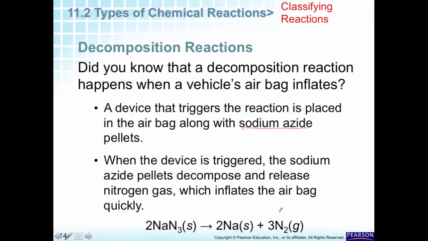Of course, the nitrogen is a gas, and that is going to inflate the bag. The sodium, on the other hand, is reactive with water, and you're mostly water. That's why we see so many people get burnt by airbags. It's a very quick, fairly explosive reaction. That's why it inflates so quickly.